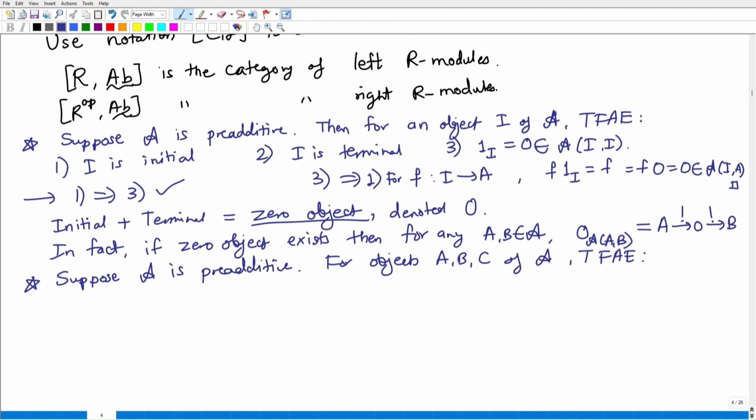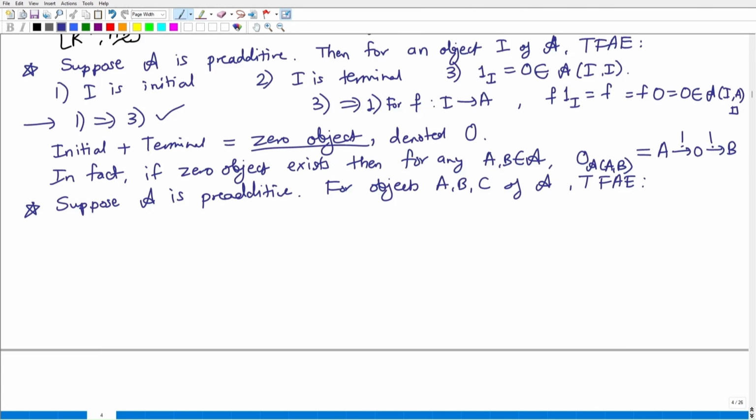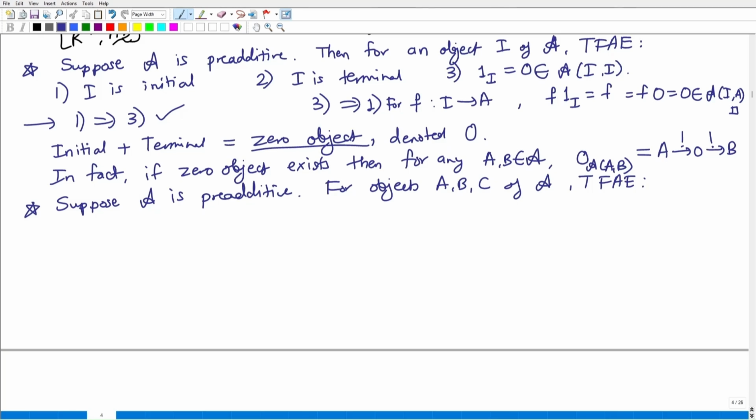Can you see the theme from this first result that we proved? The theme is that initial and terminal is same. Now I'm going to show that finite products and finite coproducts are same. So everything is self-dual. Duality principle is the key. For Abelian categories or pre-additive categories, duality principle is very much useful.